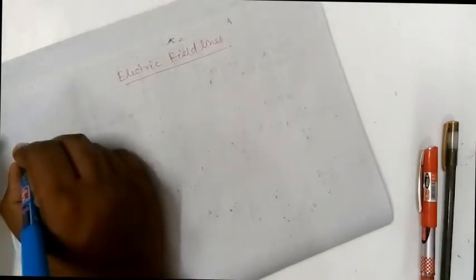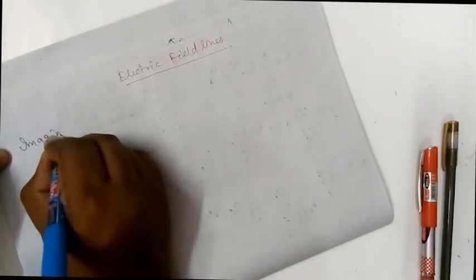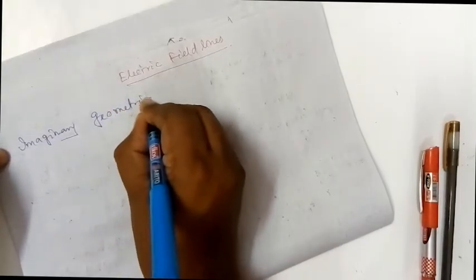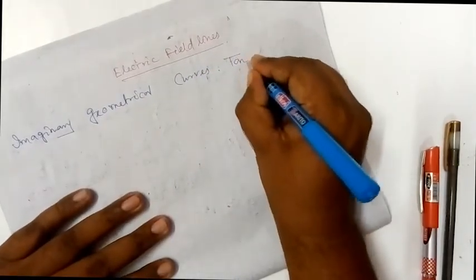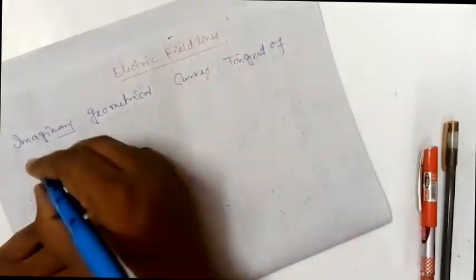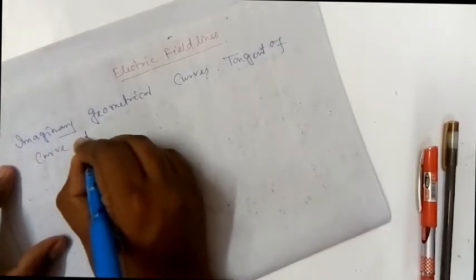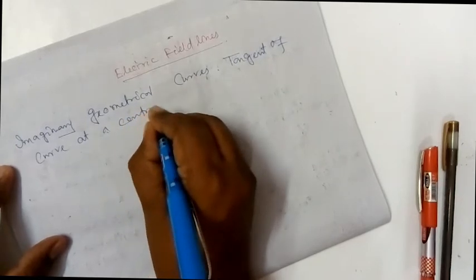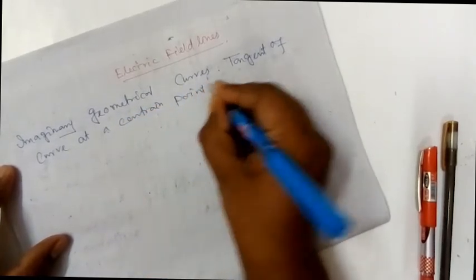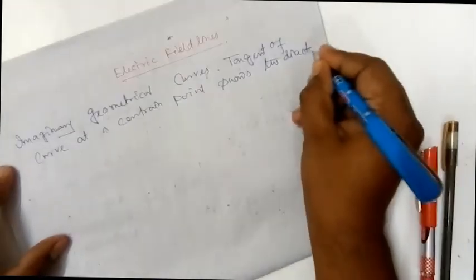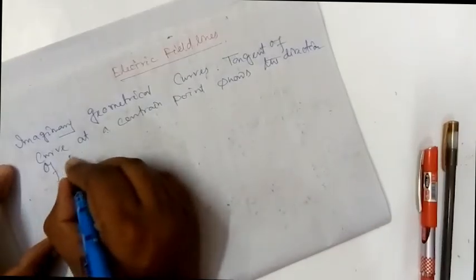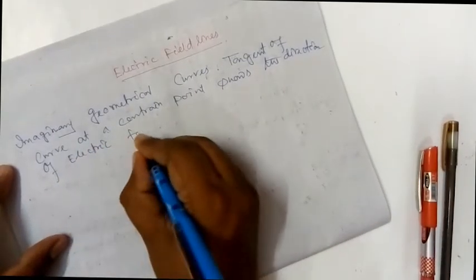So what will be the electric field lines? If anyone asks you, we can say some imaginary geometrical curves, and the tangent of the curve at a certain point shows the direction of the electric field.